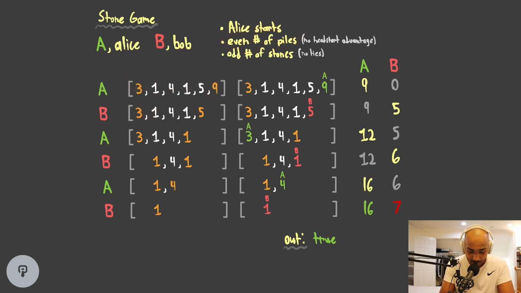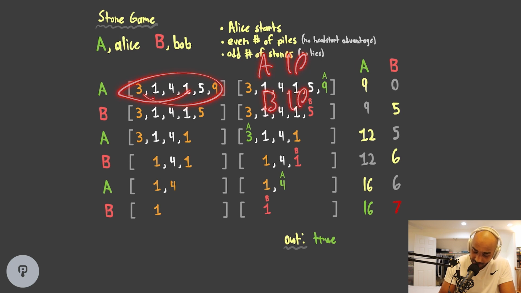So everyone's going to capture n over 2 piles, if we call the array length n. And there's going to be an odd number of stones, so we cannot tie. We can't have Alice have 10 and Bob have 10. It's going to have to be 11 versus 10 or something like that. It has to add up to an odd amount because we cannot tie.